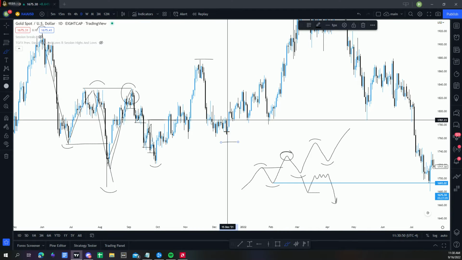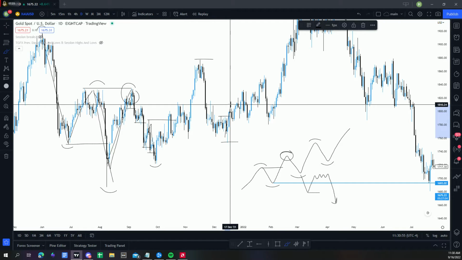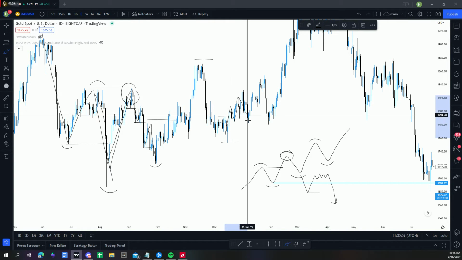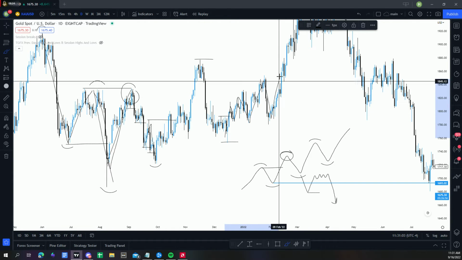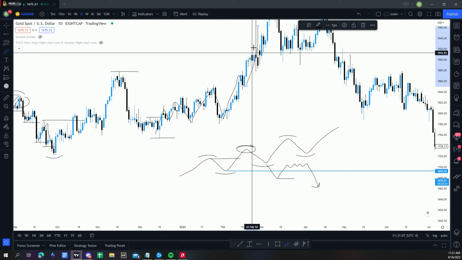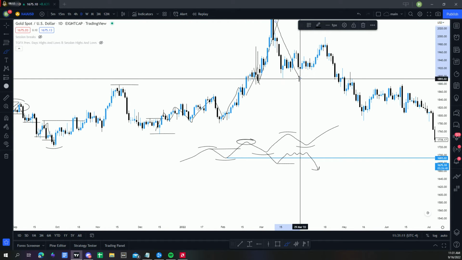being the high that created this low here, broken, tested, broken, tested, broken, tested, and so on.